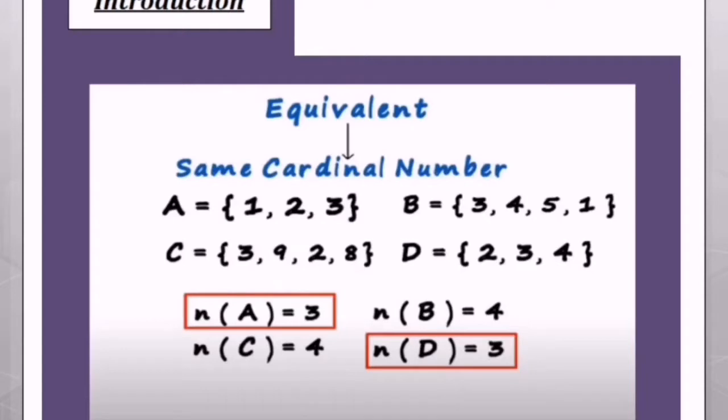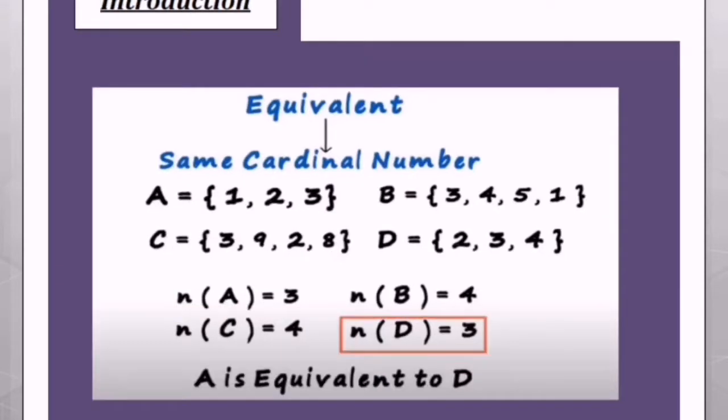These are the cardinal numbers of each of the sets. We can see that these two cardinal numbers are equal, so we say that A is equivalent to set D. And since the cardinal numbers of these two sets are equal, we can say that set B is equivalent to set C. Remember, they are equivalent, not equal.